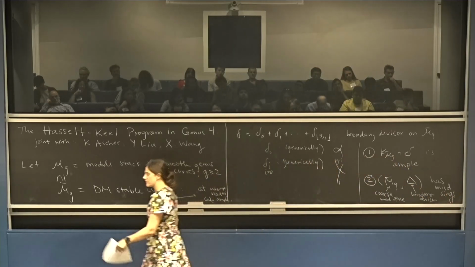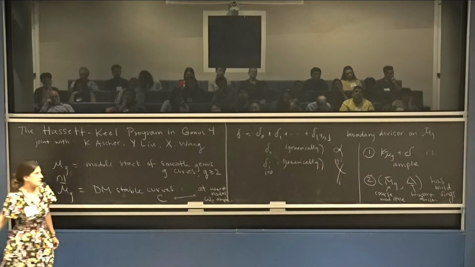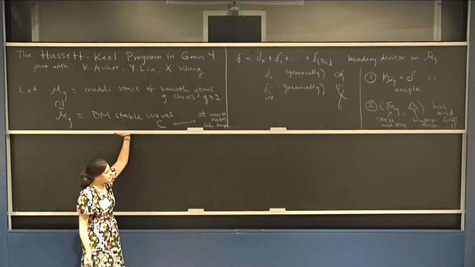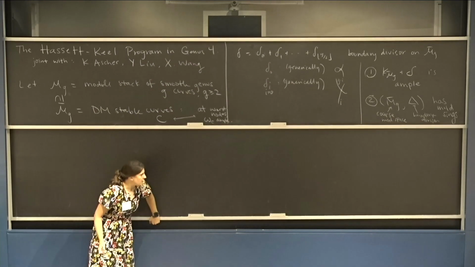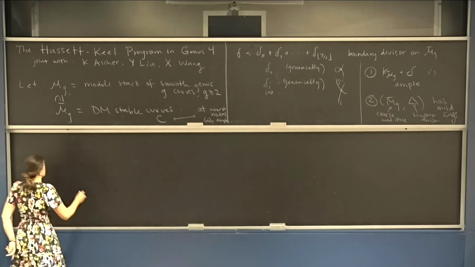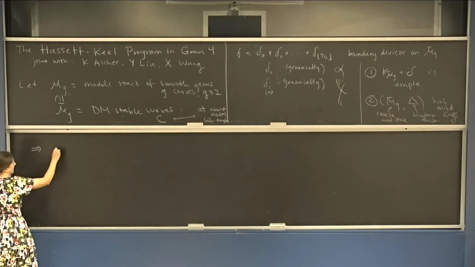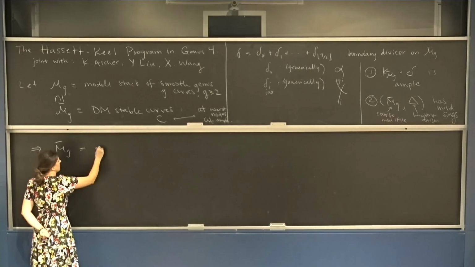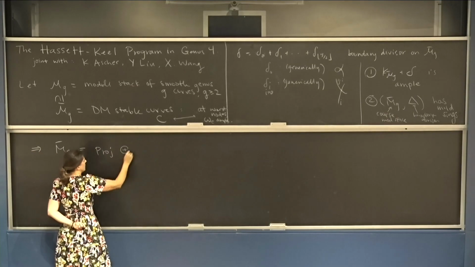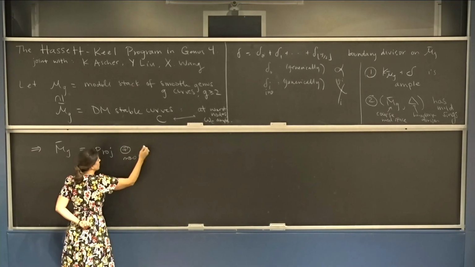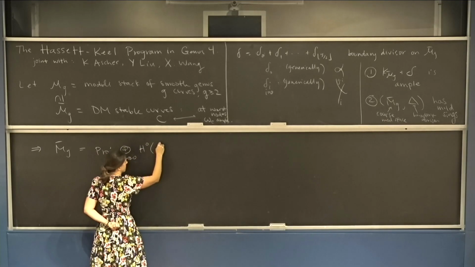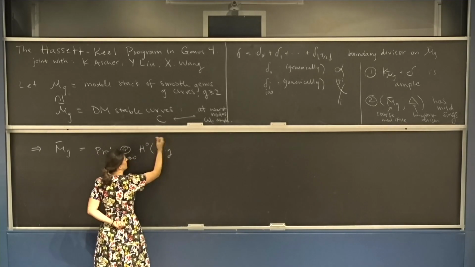What this means, in fact, is that the moduli space M_g bar as a projective variety is a minimal model, or a log canonical model to be more precise. So M_g bar is a log canonical model that we can construct as the projectivization of the canonical ring, or the log canonical ring.